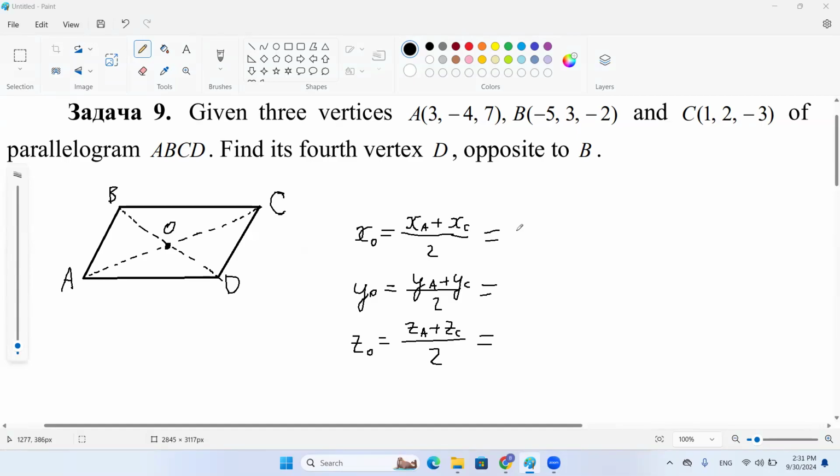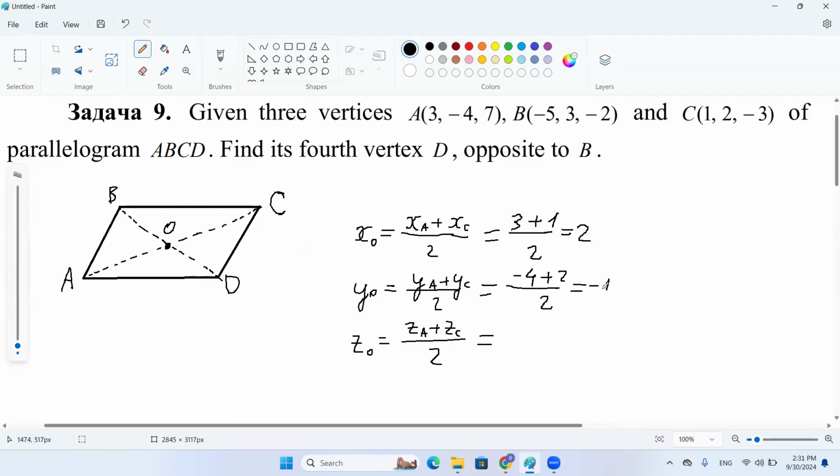Now, in the first one, we will have 3 minus 5 divided by 2, so A and C coordinates. 3 plus 1 divided by 2 will be 2. And then Y: we have minus 4 plus 2 divided by 2. It will be minus 1.